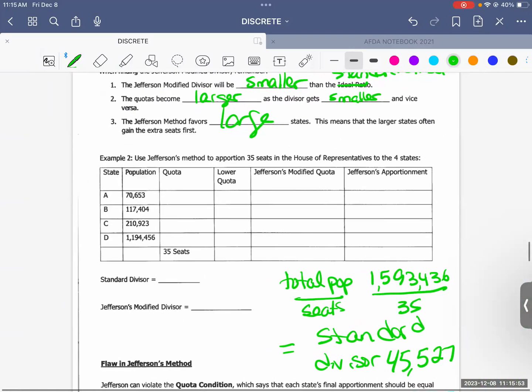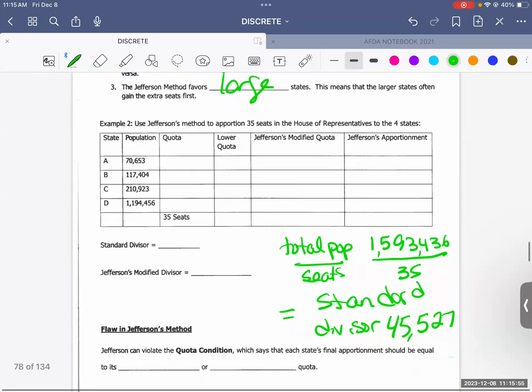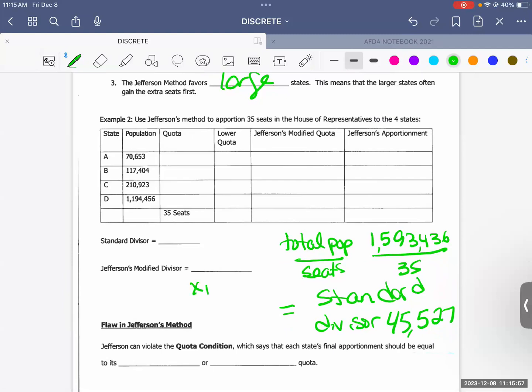Okay, so let's put that under, we're going to do X1 divided by 45. Write this down on your paper so you can look back at it when you forget how to do it, until you really have it in your brain.